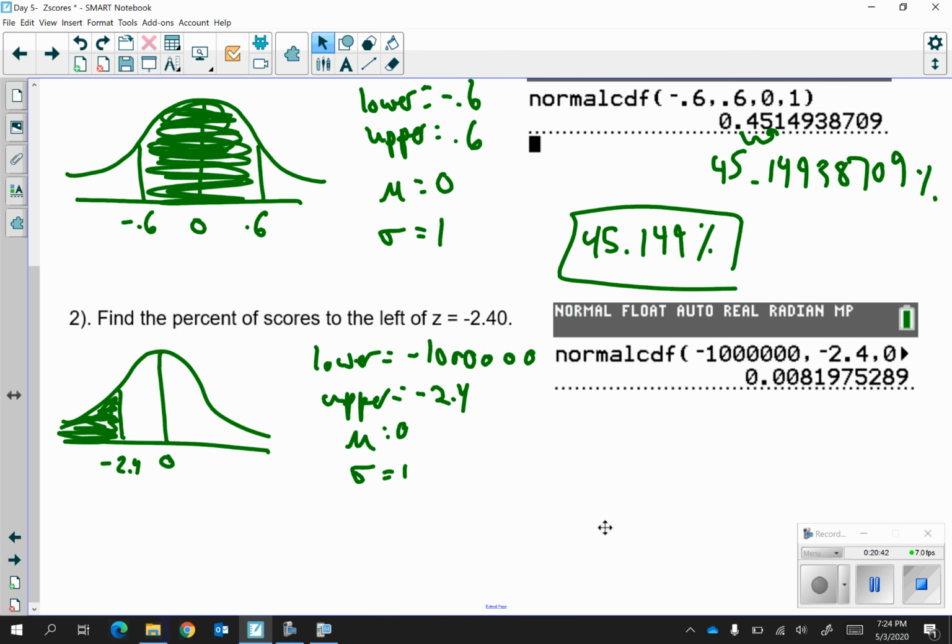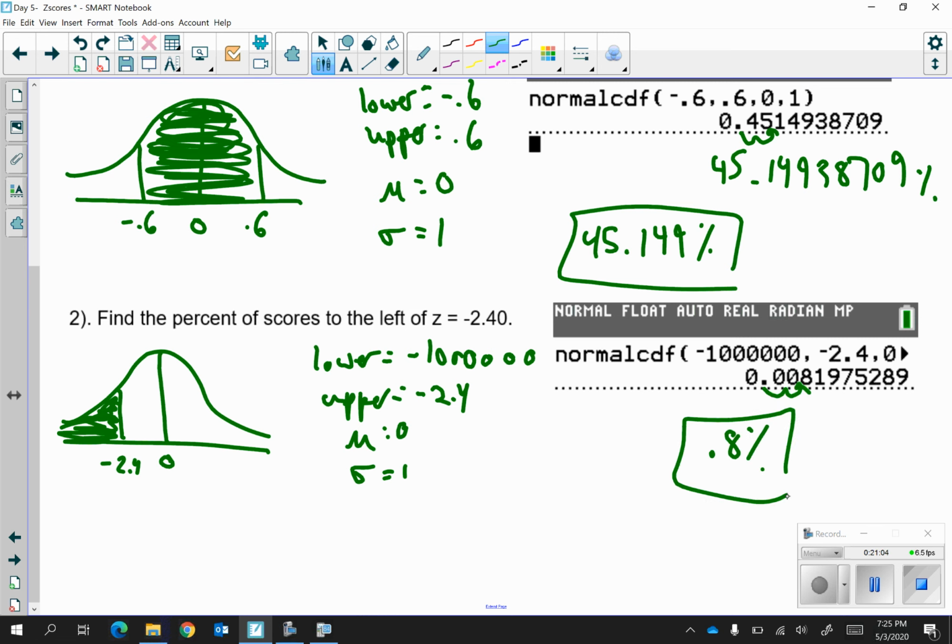Now the problem does ask you to find a percent of scores. It's not telling you how to round in this case, so we will round to the nearest tenth, let's say. So it's different than the last one. We will make that 0.8%, or however you chose to round for that one.